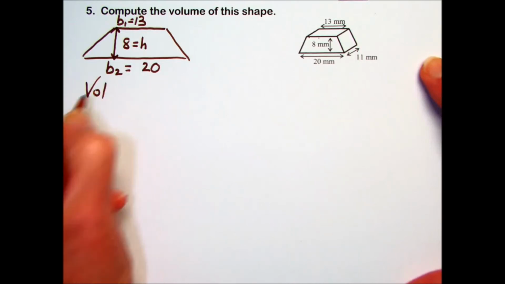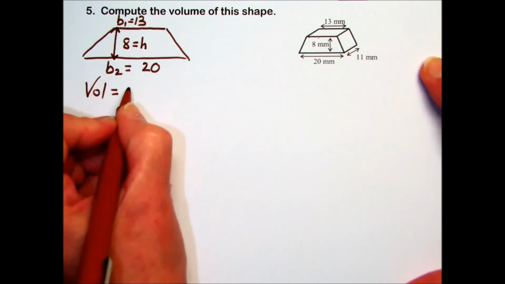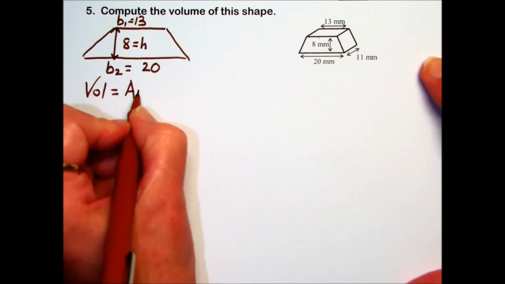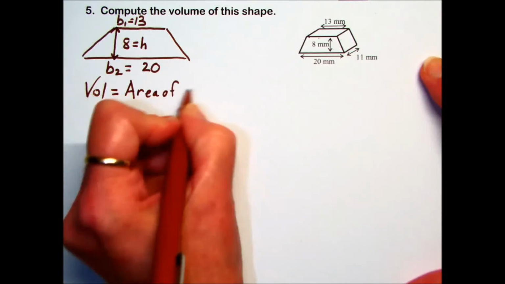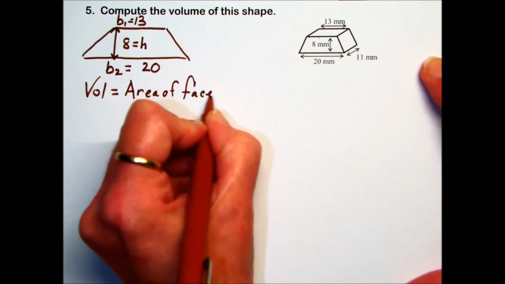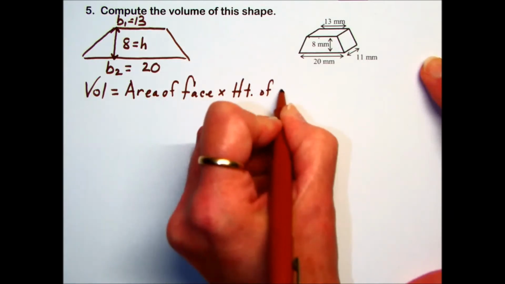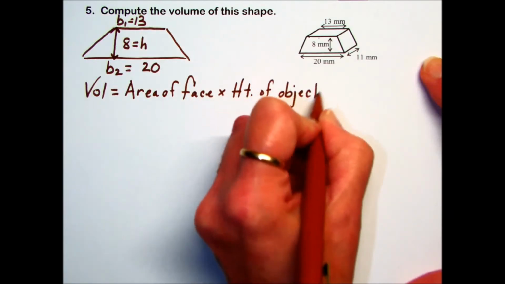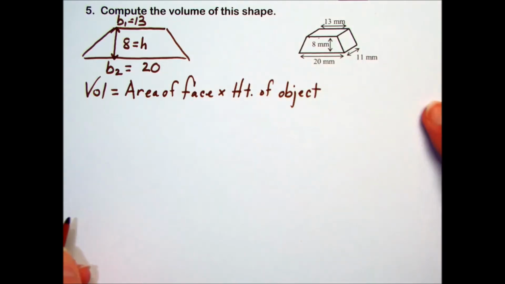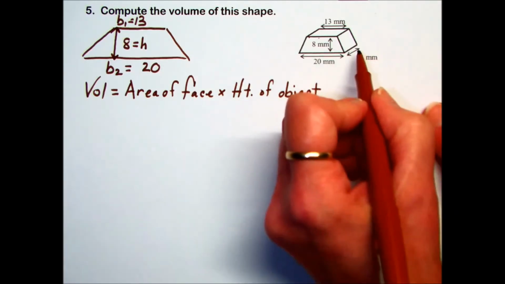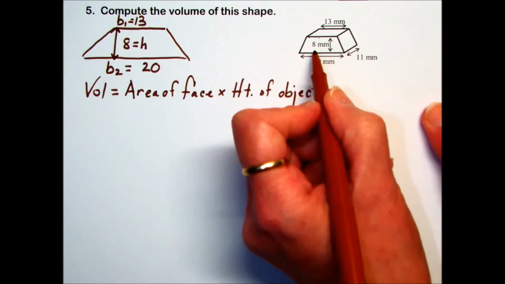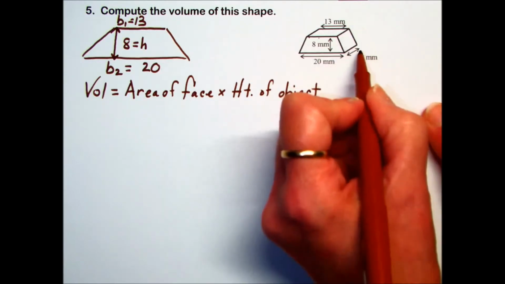So we're now ready to calculate the volume by taking the area of the face times the height of the object. And here, height might not be quite accurate description given our face is front and back.